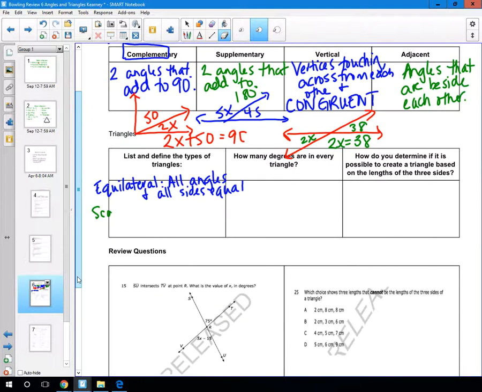Let's do isosceles next. So when you hear isosceles, think about how many eyes you have. Isosceles means two. Two angles and two sides are congruent.